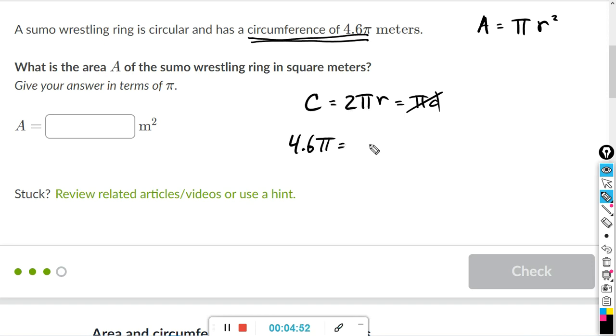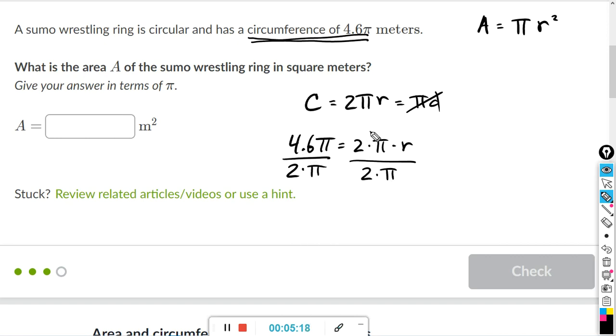And that equals 2 times pi times r. Okay, in order to solve for r, we divide both sides by 2 times pi, so it cancels out. Okay, this is times here. This is a decimal point, just so we're not confused.